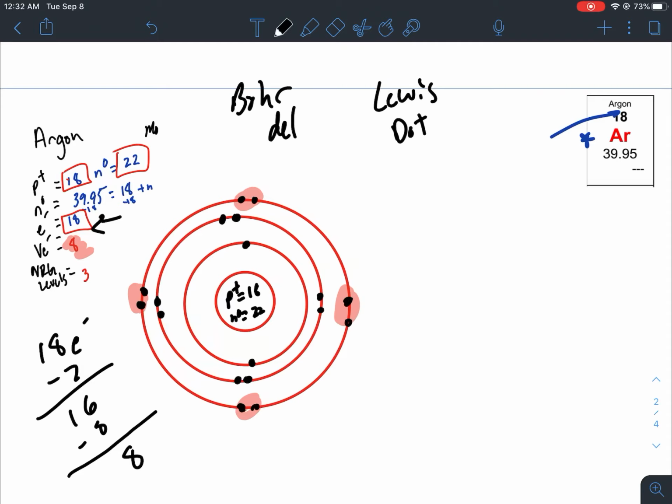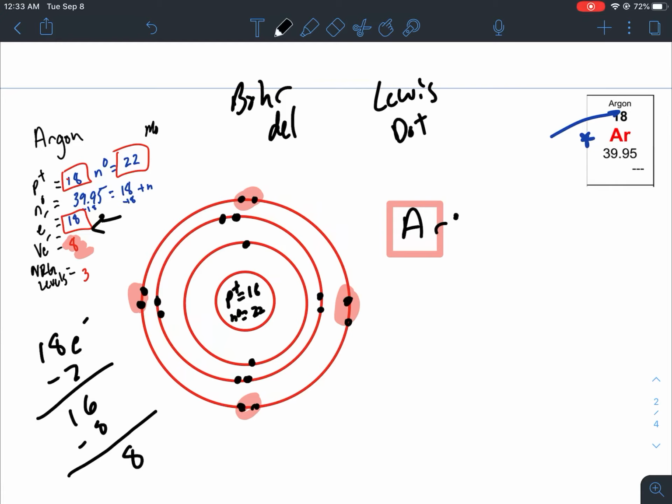And then for the Lewis dot, all you really do is find the atomic symbol, which is Ar, right? We already have that from the screenshot we took earlier. Then we make a box around argon, or whatever element it is, and we place the valence electrons going around the square itself.